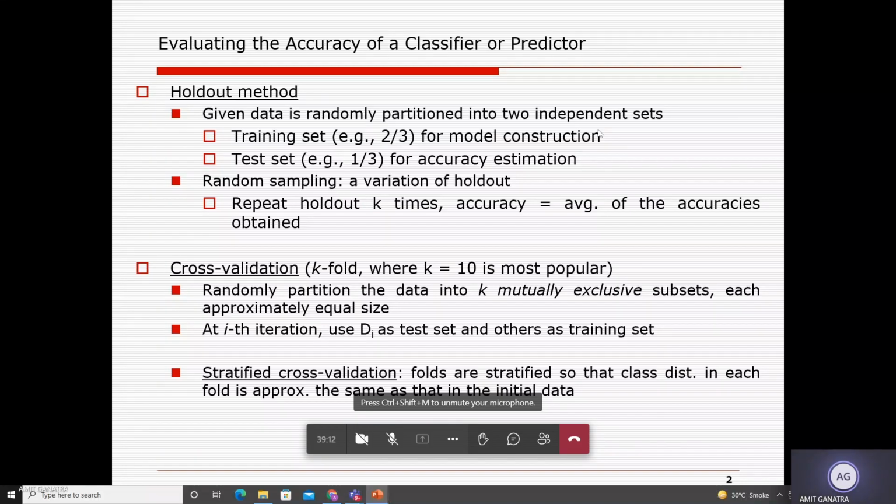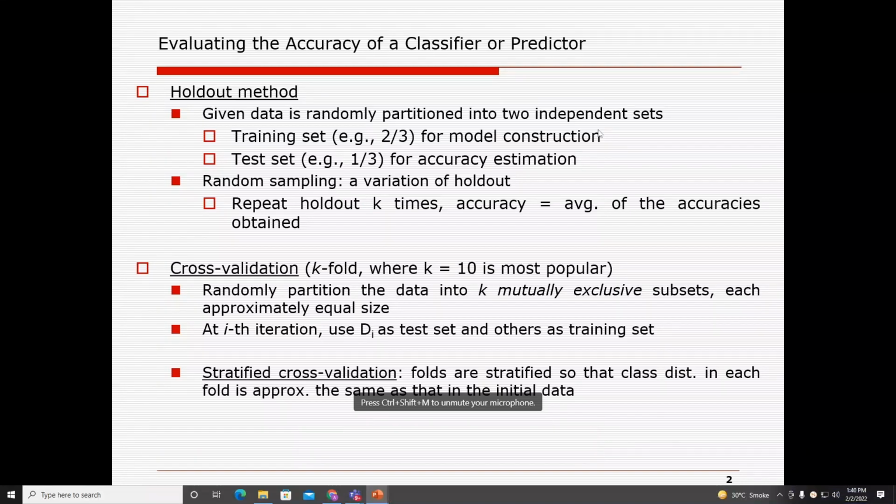Do you understand what is meant by cross validation? K-fold cross validation or N-fold cross validation. First of all, you have to see how many records are there in your data set, how many images, how many videos, whatever. Then you have to decide the number of partitions into which you divide your data set: 5, 10, 15, whatever.